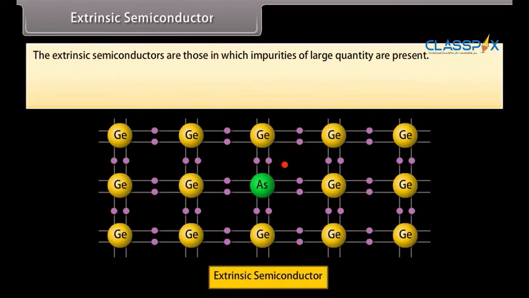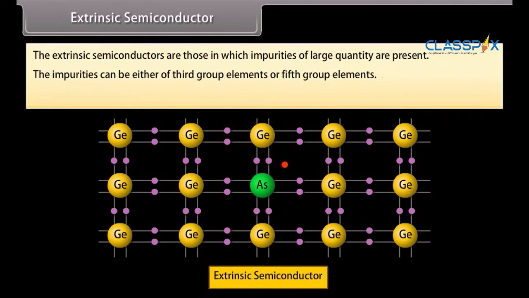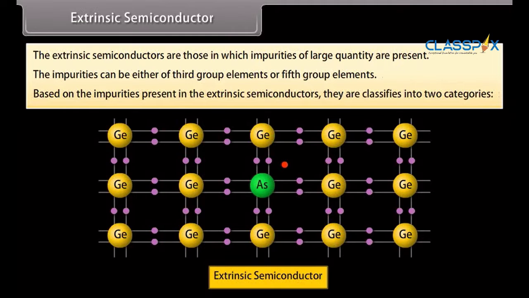Extrinsic semiconductor. Extrinsic semiconductors are those in which impurities of large quantity are present. The impurities can be either of third group elements or fifth group elements. Based on the impurities present in the extrinsic semiconductors, they are classified into 2 categories.